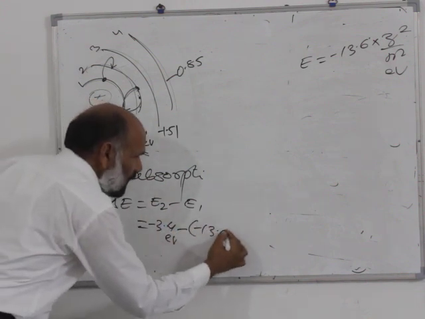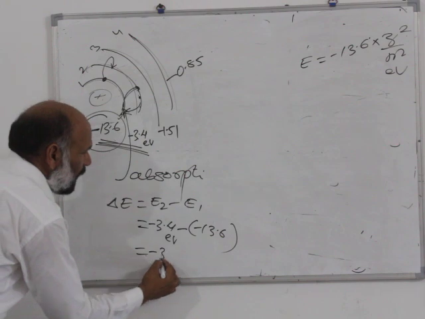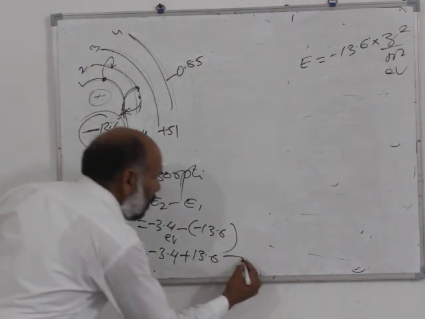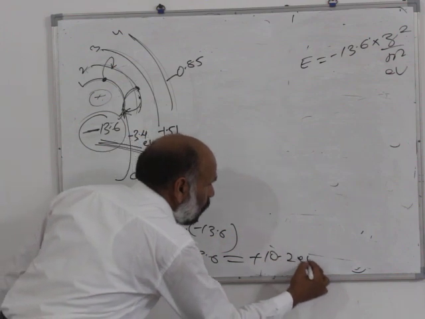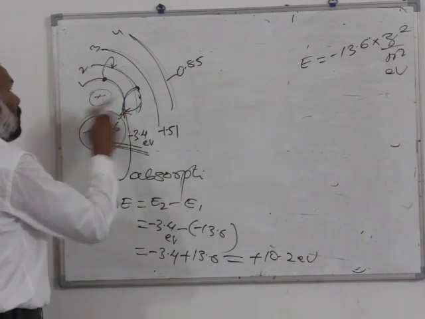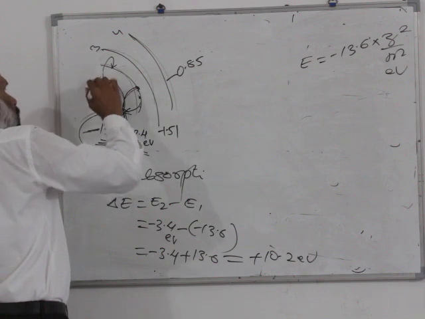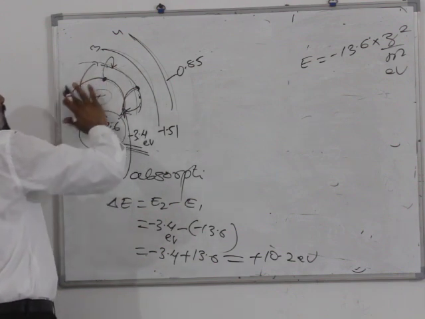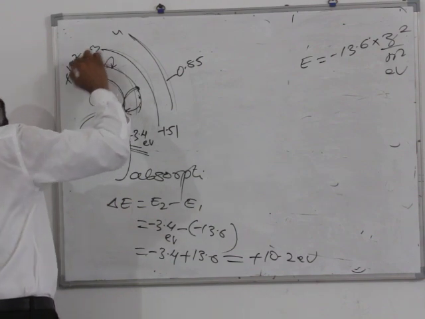Minus 13.6 electron volt, that is equal to minus 3.4 plus 13.6, and that will be plus 10.2 electron volt. And this is the question that is frequently asked. What is the energy required to go from first orbit to second? That is plus 10.2 electron volt.